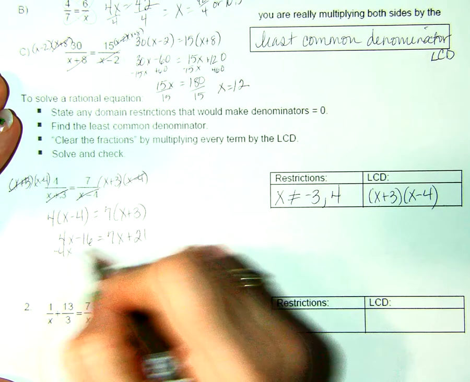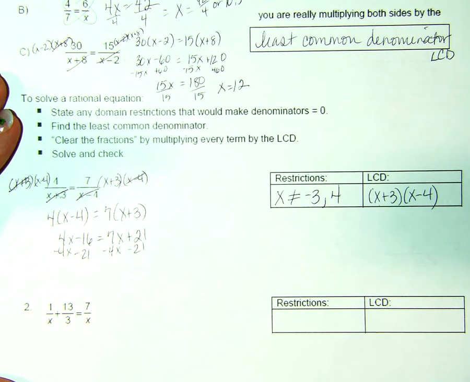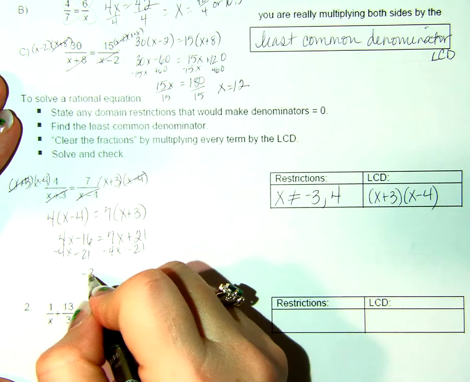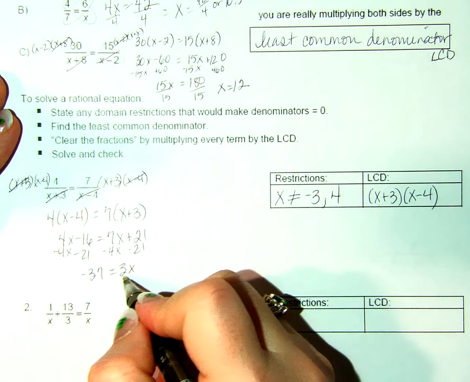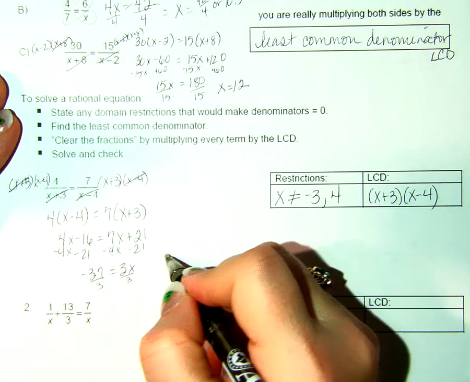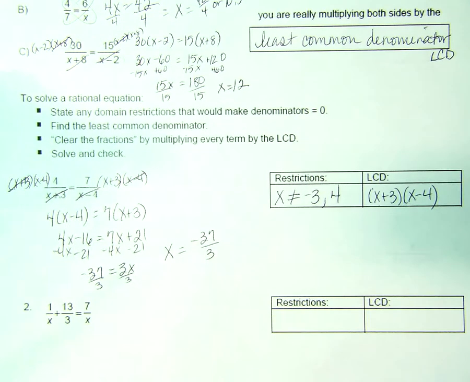So subtract 4x from both sides. Subtract 21 from both sides. Negative 37 equals 3x. Divide by 3. X equals? Yeah, negative 37 over 3.